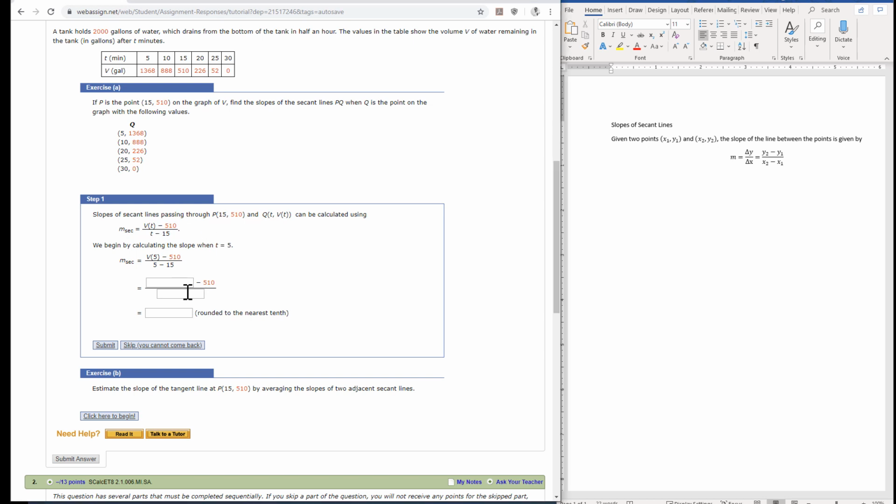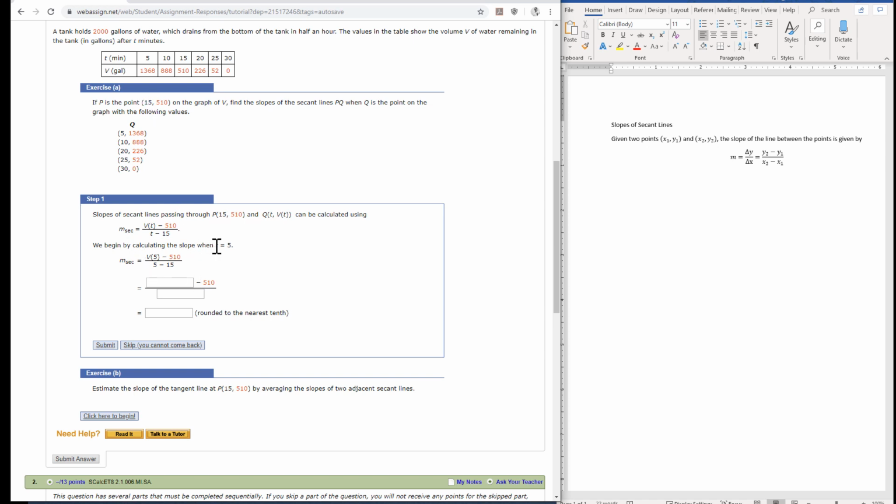So V of t is going to be the volume at time t, whatever time we're looking at. The 510 is the y value of our point, t is the x value, and 15 is the x value of our point.